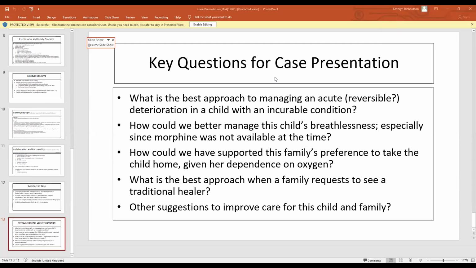You might have thought about it when the family wanted to go home sooner. But in the absence of using morphine and without the confidence of sedation, it's not an easy decision, or it might be that you would do the same again and keep the child in hospital. I'm not asking because I think you should have done something differently, it's just thinking about next time.